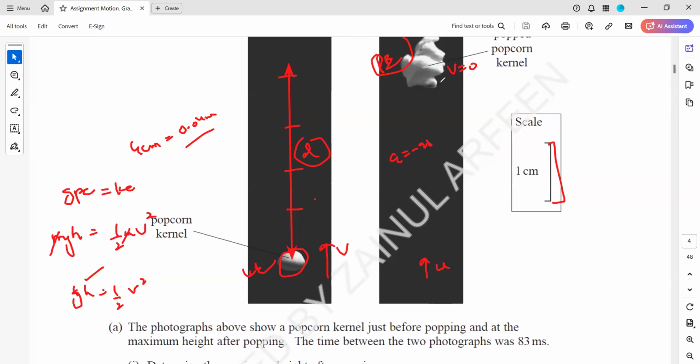And the distance which it covered, according to the scale factor, is 0.04 meters. For example, I'm not sure it is 0.04; you have to measure with the scale and then work it out. Then you can use the equation 2as equals v squared minus u squared. You have the final velocity 0, the distance, and the deceleration, so you can work out the initial velocity. Both will give the same result because there is no loss of energy; the only acceleration is due to gravity.